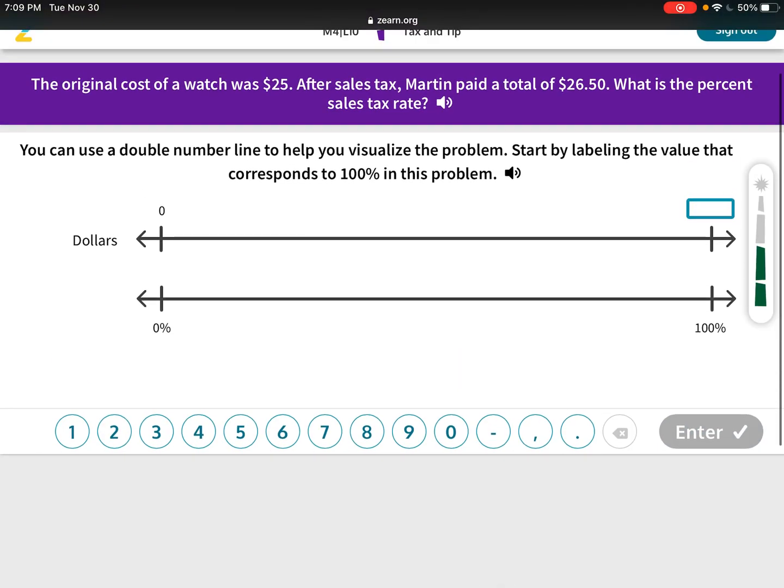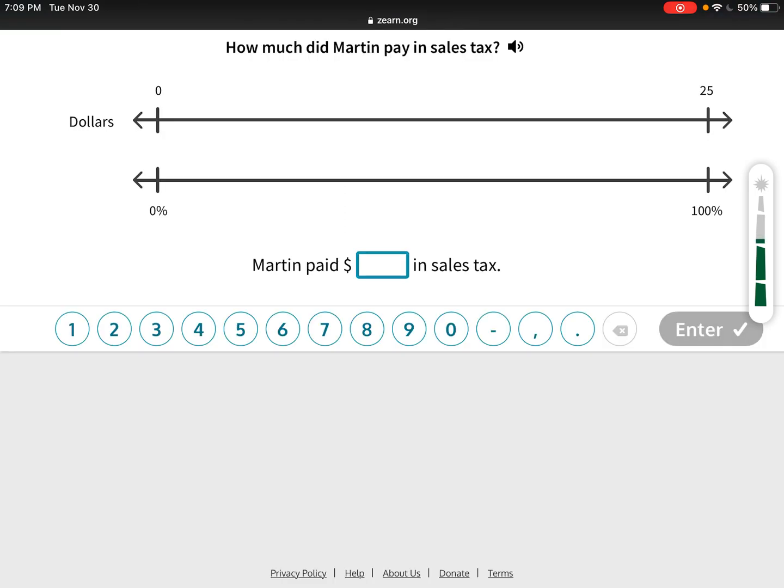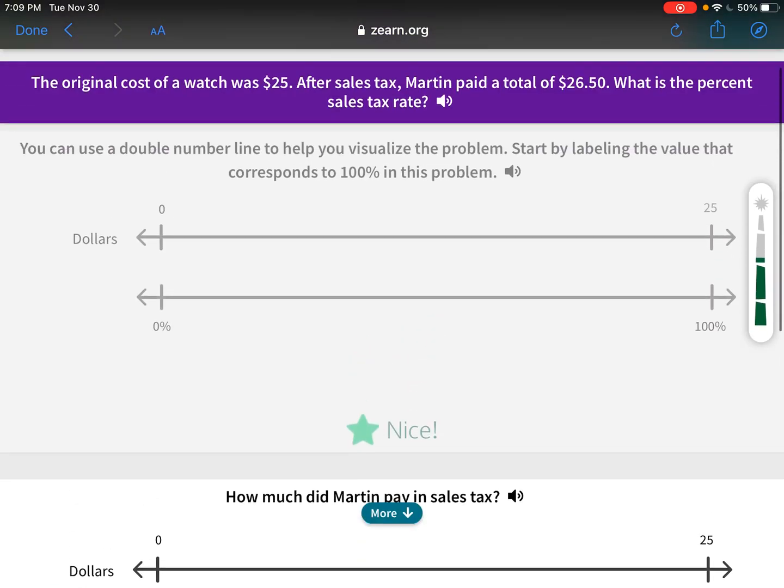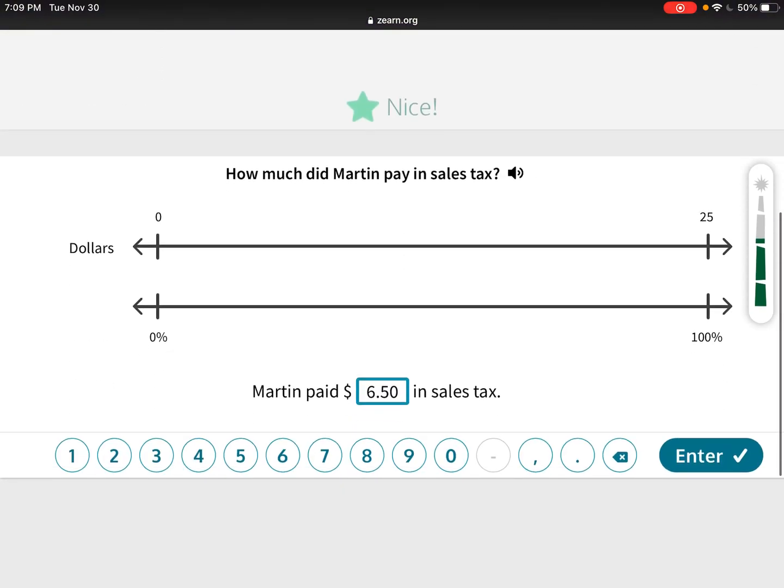Alright, original cost was $25. He paid $26.50, so they give us the part. $6.50, because, wait, no, it was $25, so it was just $1.50 extra.